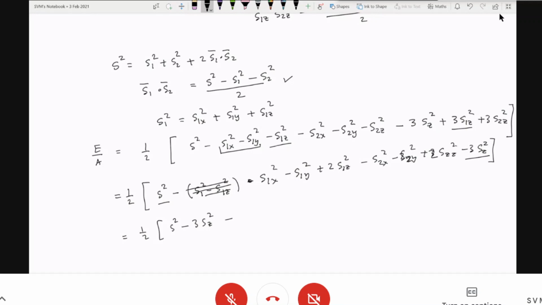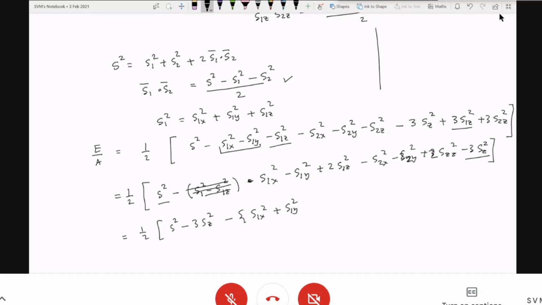Then I have minus S1x square. Sir, the Pauli spin matrix will be useful or something like S equals half sigma? I don't know where it will be useful. Okay, I think you are right. So yes, we have to use that one.